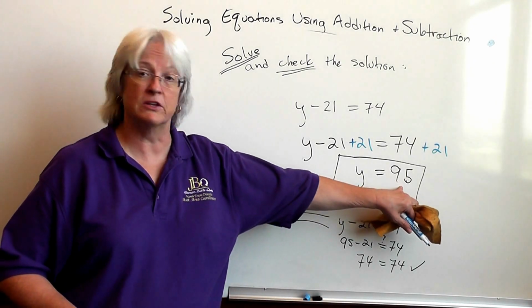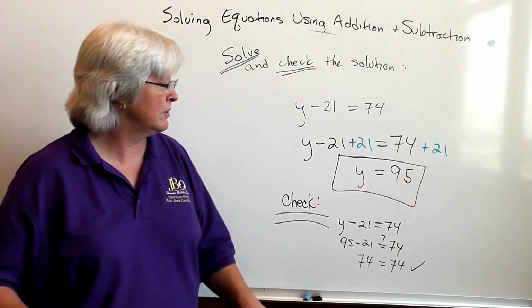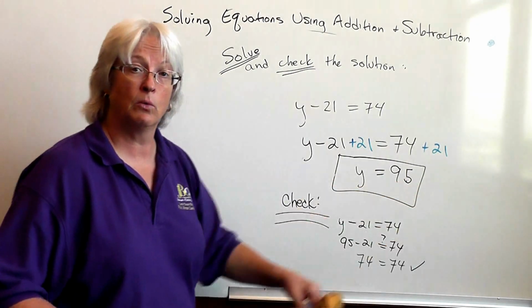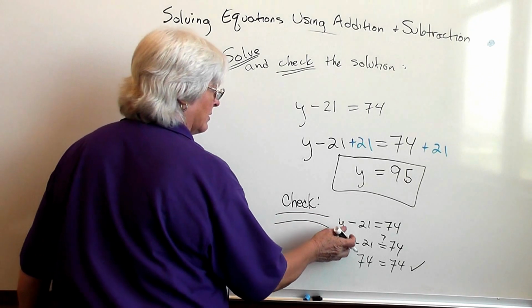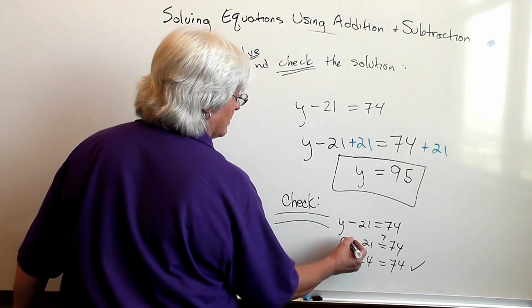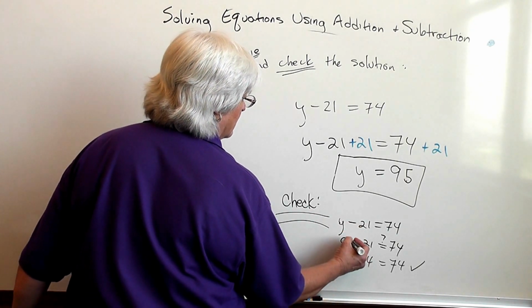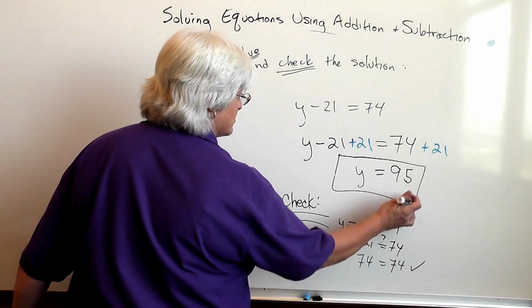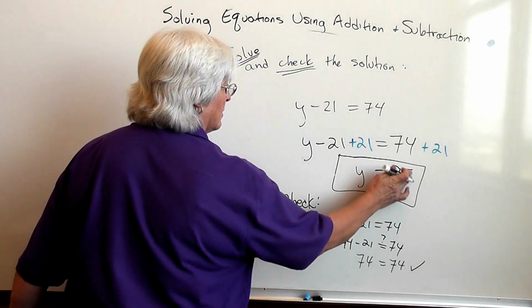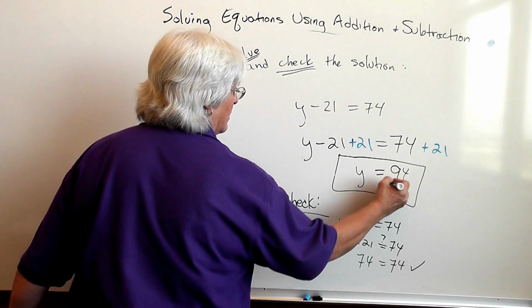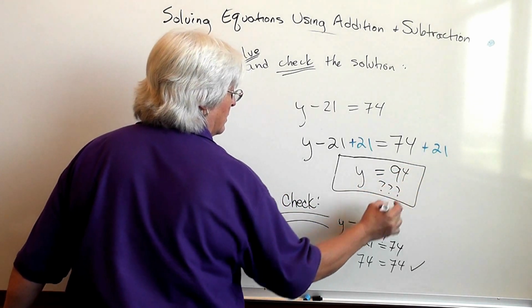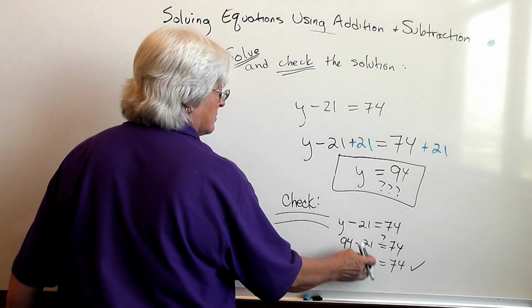Now, when I wrote incorrectly before, I wrote a 94. What would have happened if we put 94? Well, hopefully you would have gone and caught it when you checked it, because you put in the 94 and say 94 minus 21.